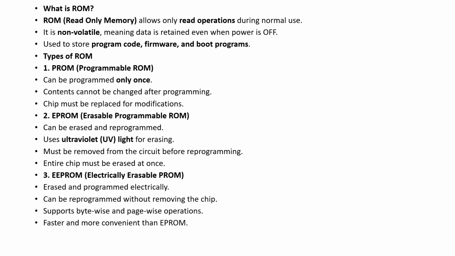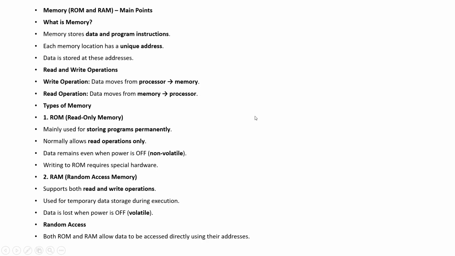As we know, ROM, read only memory, allows read operations. Please note here that in read operation data moves from memory to processor, and in write operation data moves from processor to memory.